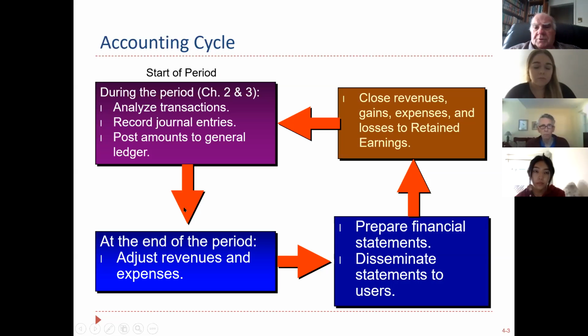So that's what the closing period is about. You adjust, and then you prepare your statements, disseminate statements. Boy, that's a fancy word, it means giving them out. You disseminate the statements, and then you can take a deep breath because you're pretty much done. The only thing left is to close the revenues and expenses and any gains, losses, and the cycle starts again, huh?